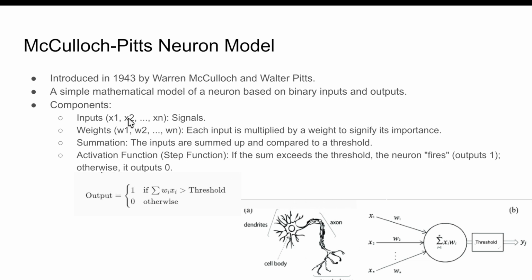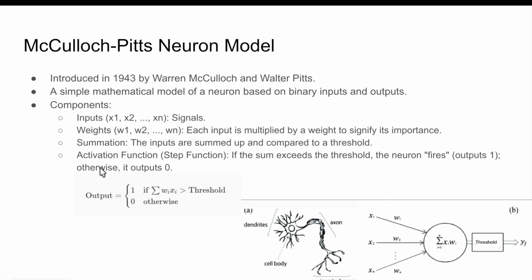Its components are inputs x1, x2, x3, and up to xn, and weights w1, w2, w3 up to wn. Each input is multiplied by the weight to signify its importance. Then there is the summation function, in which the inputs are summed up and compared with the threshold.